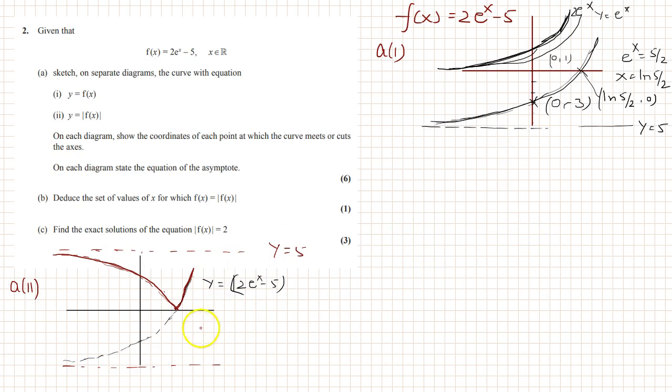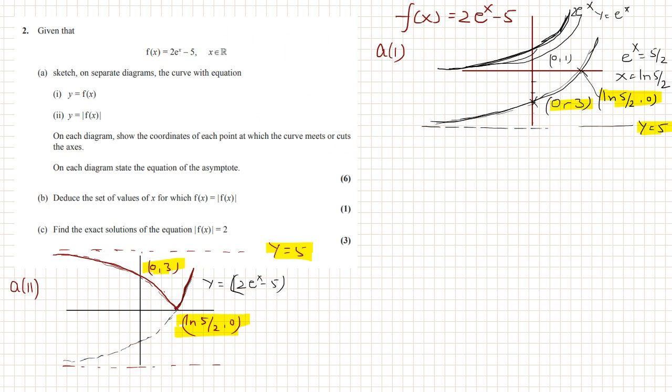So again, this is ln(5/2) and 0, and this is minus 3, so it is 0 and 3, and y is equal to 5 is the asymptote. So this is the answer of part 2, and this is the part 1, the sketch, 6 marks.